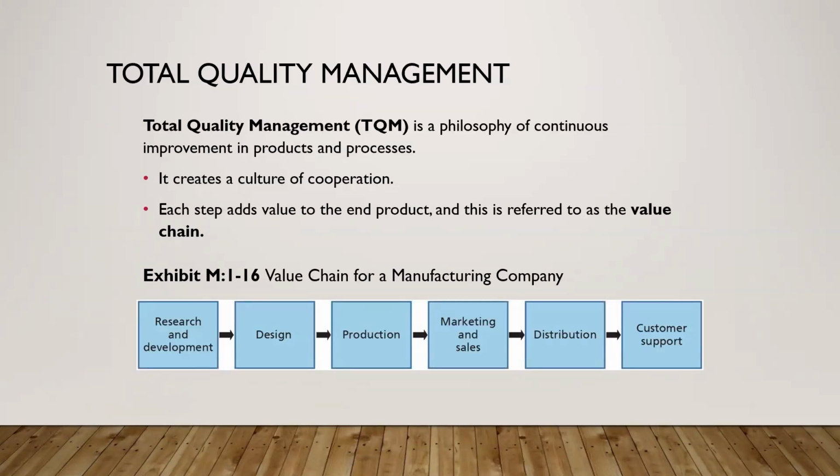Total quality management, or TQM. I'm pretty sure you've heard this term before. But what is it? Well, it is a philosophy. It is a philosophy of continuous improvement in your products and also in the business processes. Continuous improvement leads to what? Fewer defects. It leads to higher customer satisfaction.